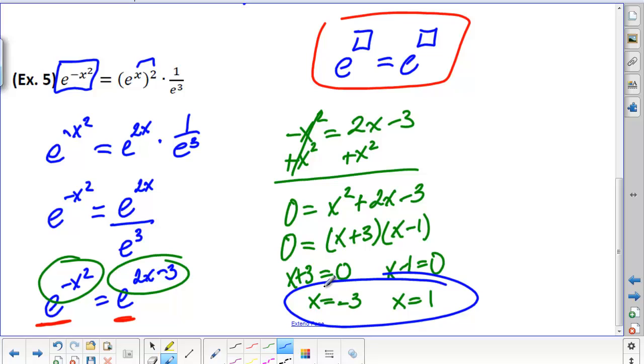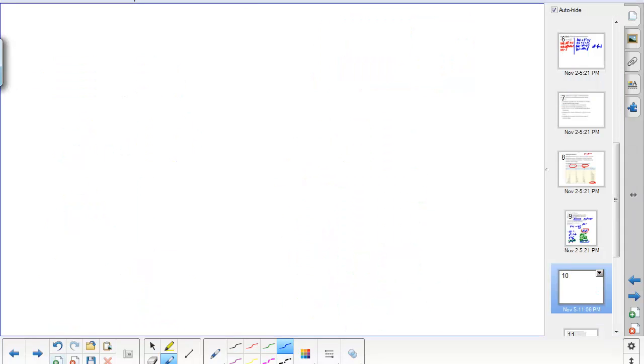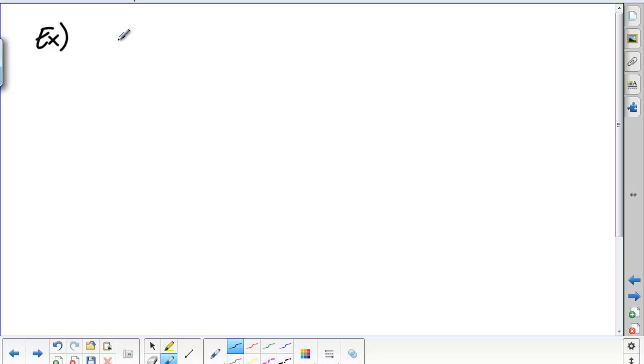Okay, I'm going to drop in another example here. This one was in the book. I didn't get it in the notes, but we can drop it in here, no problem. So let's do 4 to the 2x minus 1 equals 8 to the x plus 3.